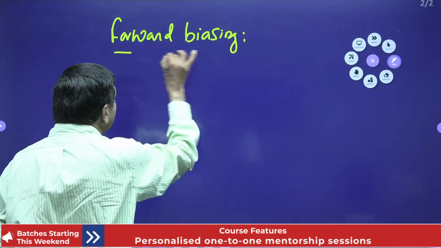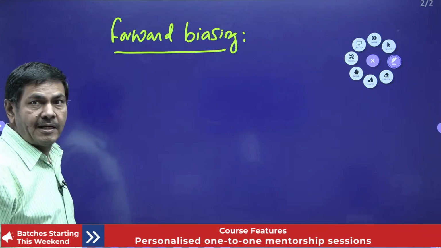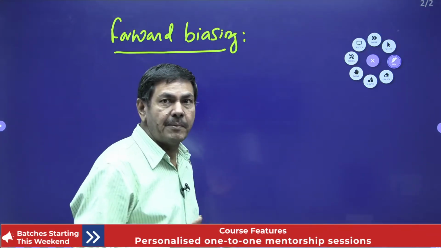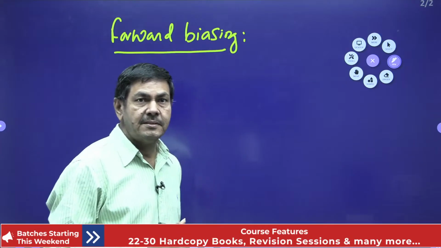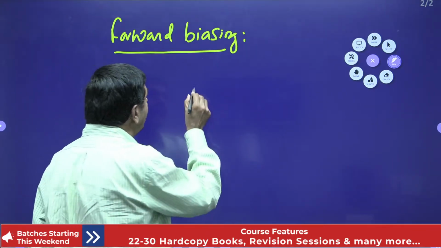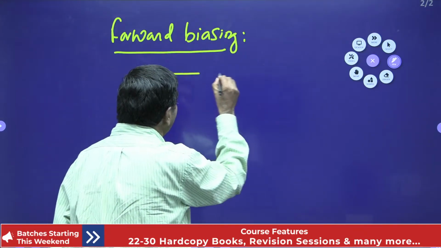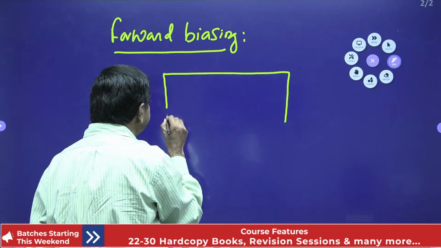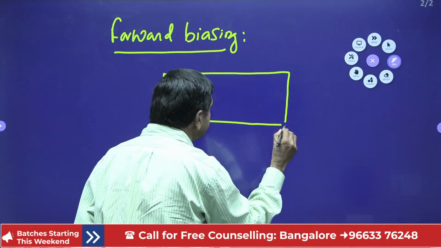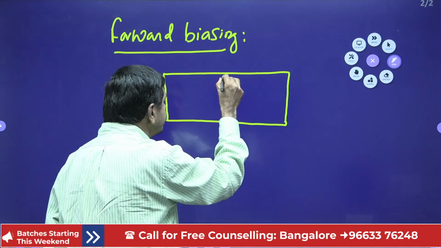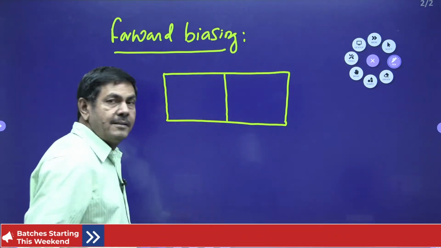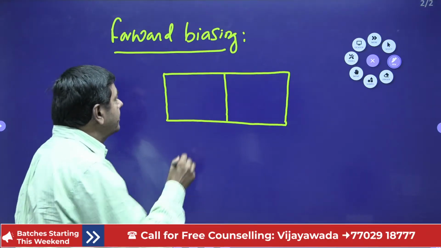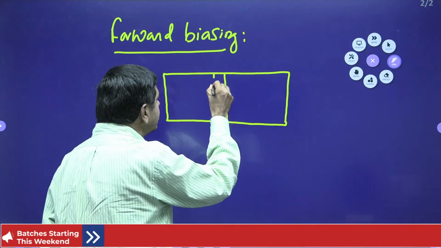In forward biasing, I will draw the diagram and connect the battery, and explain what is going to happen and how the phenomenon takes place. I selected this PN junction diode. There is a depletion layer existing here.